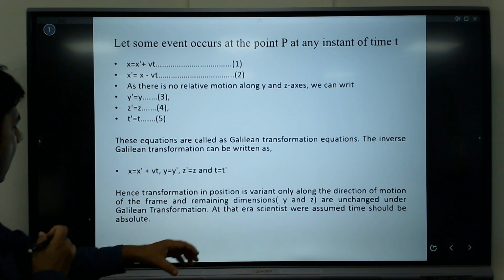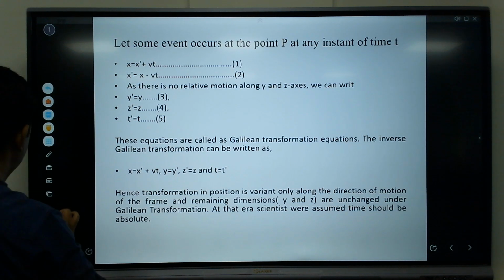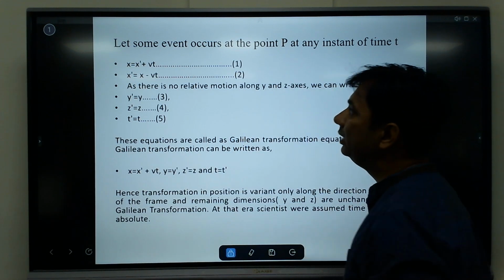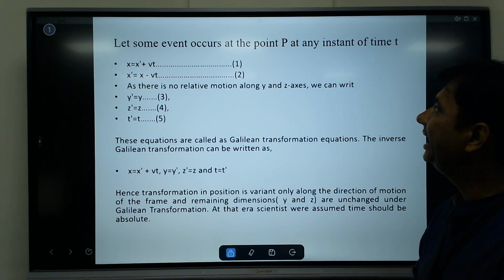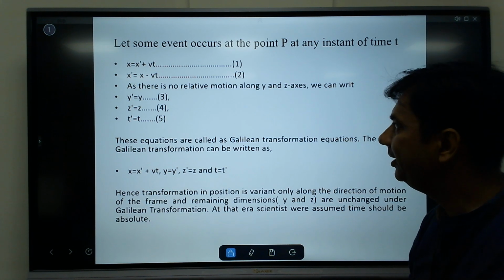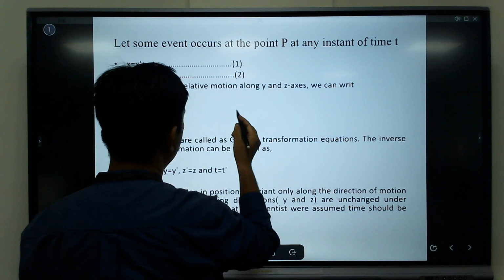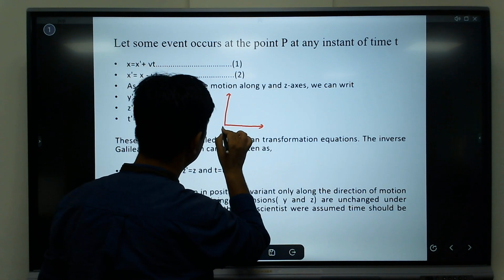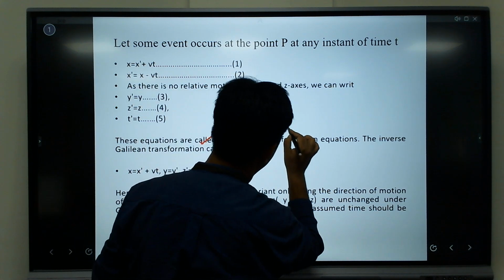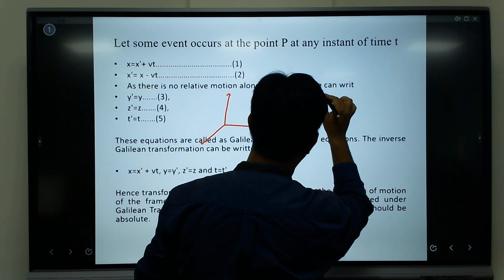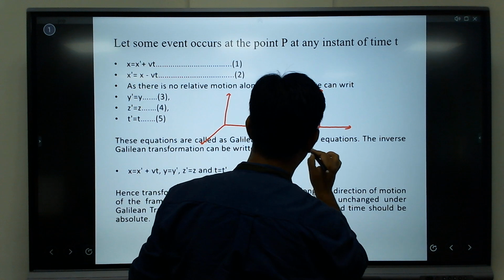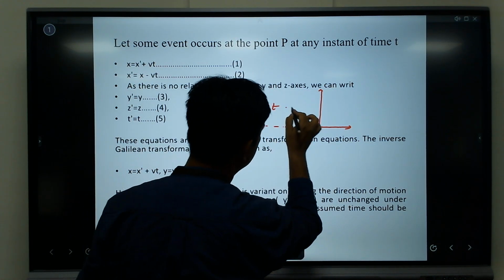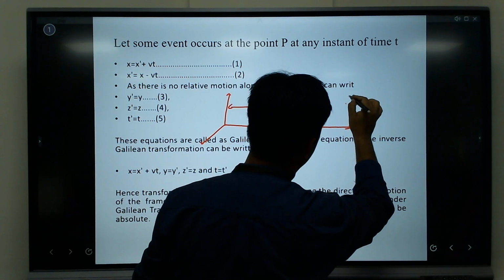So now we'll consider how we can make a formula out of it. Okay. So let some event occur at point P at any instant of time, as I explained. So I'll make it again. So the distance between them is vt. The point is over here.